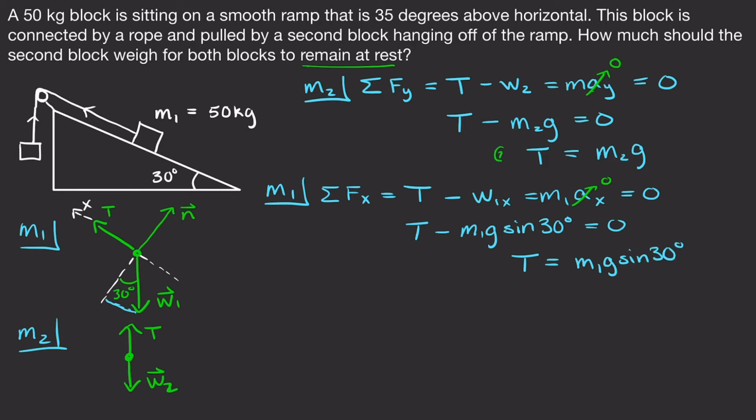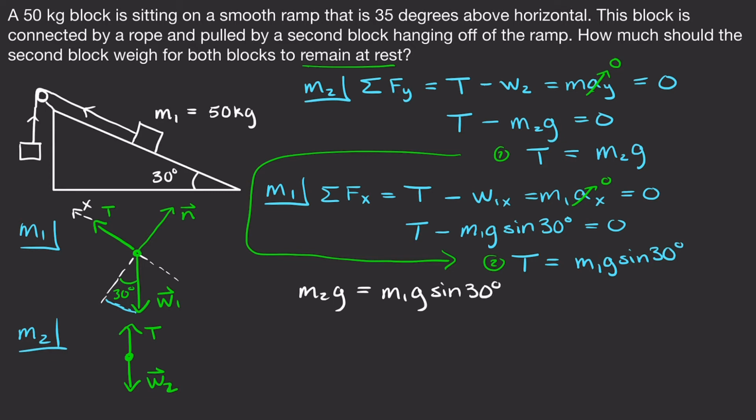And so again, I have two equations for tension. I'm going to take my first one and plug it into my second one. So if I do this, I get m2g equal to m1g sine of 30 degrees.